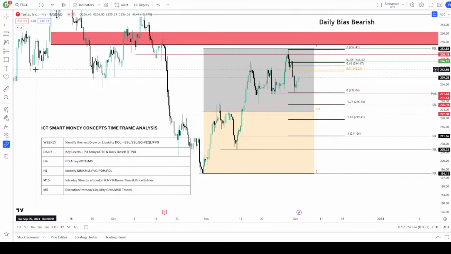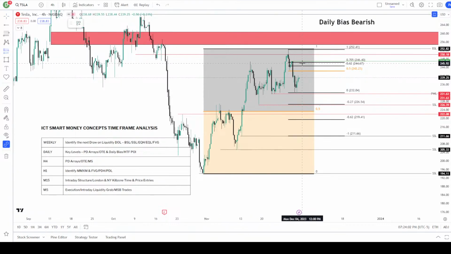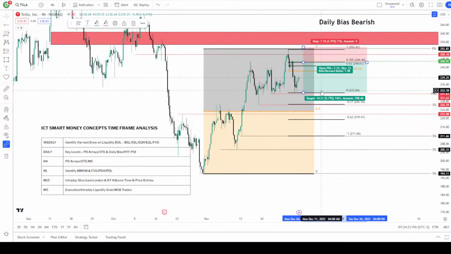You'd be setting your stop loss, and this would be in shares, not necessarily in options, right above the old high, and you'd be setting your take profit at the old low, and you have like a 2-to-1 risk reward ratio by taking that trade in the optimal trade entry area. So you'd be risking about $7 for a $14 gain on the share price. So you can do the math as far as what the options profit or loss would be on that.